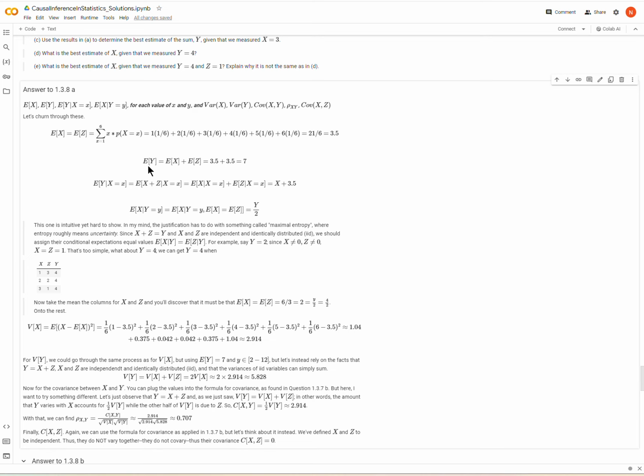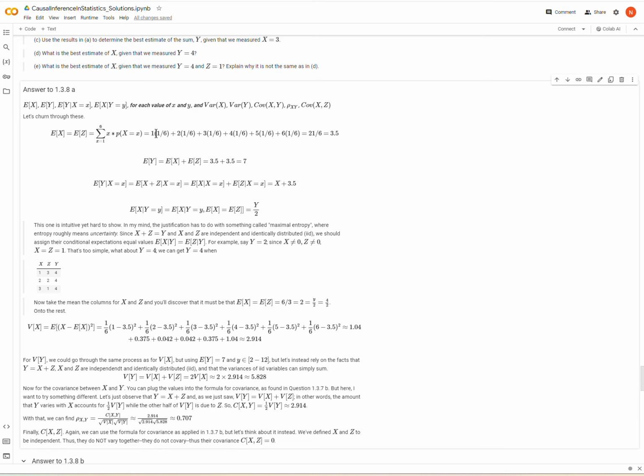Now the expected value for y, remember y is the sum of x and z. You could do the same formula that we just did, but you would have values 2 through 12, and they wouldn't all have probability 1/6, right? For instance, there are three ways that you can make a 4: a 1 and a 3, a 2 and a 2, and a 3 and a 1.